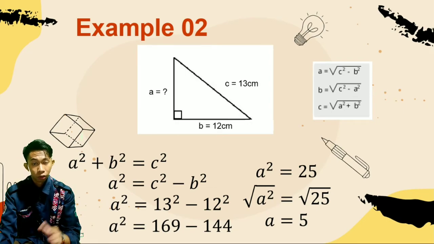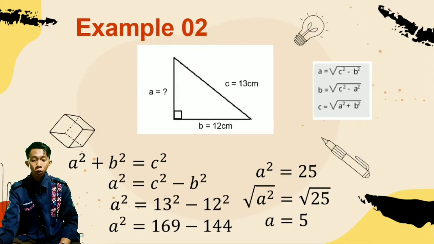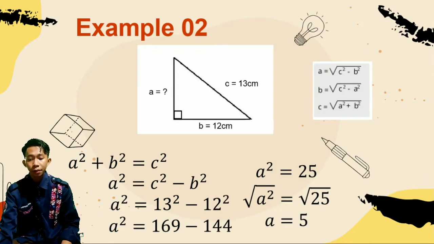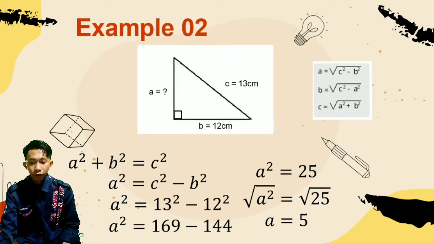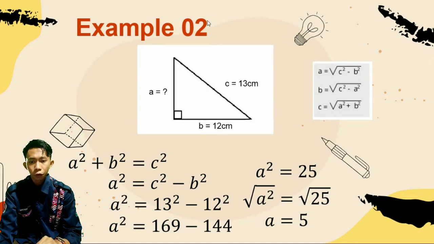The previous example is A squared plus B squared equals C squared, and the second example is A squared equals C squared minus B squared. Then you just have to use it, it's very easy to do, right?